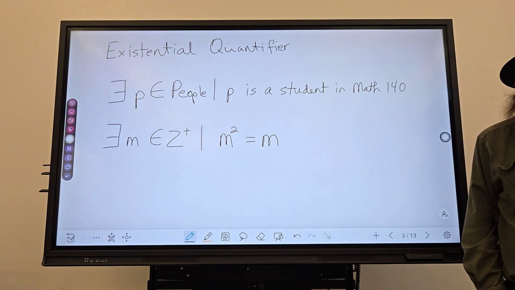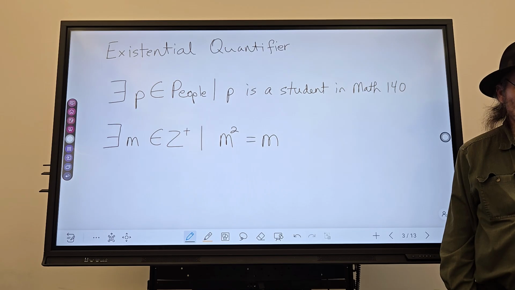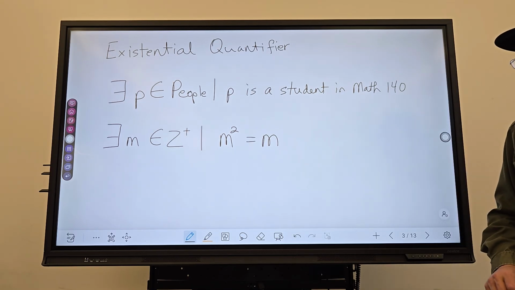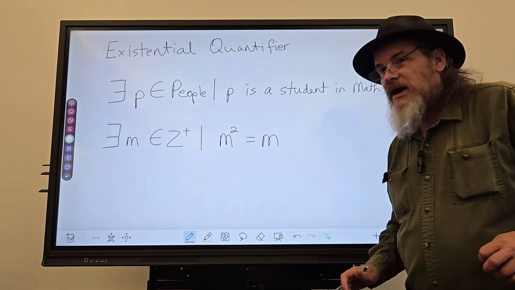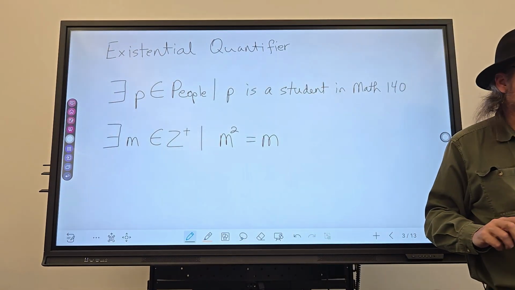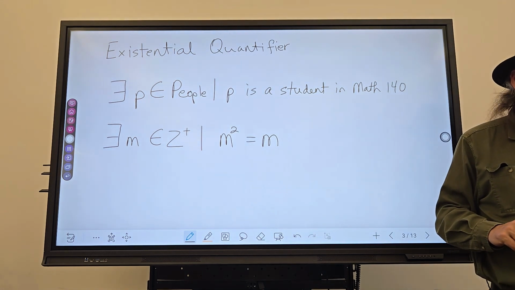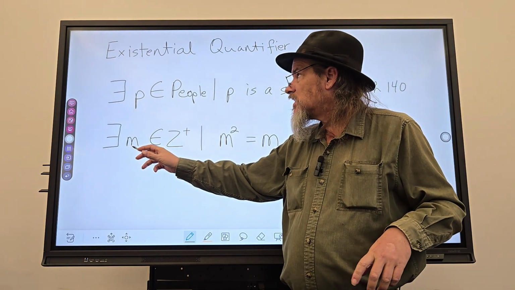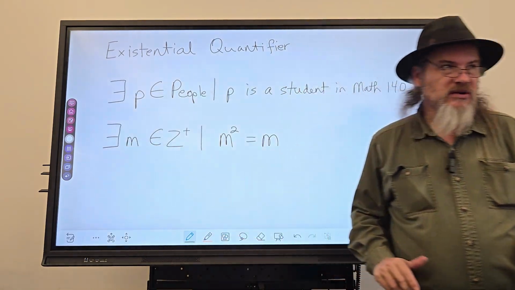What value for M makes it true? A positive integer that's squared equals itself. Exactly. There you go. So all you have to do to determine that this is true is come up with one example, because there exists is the quantifier.